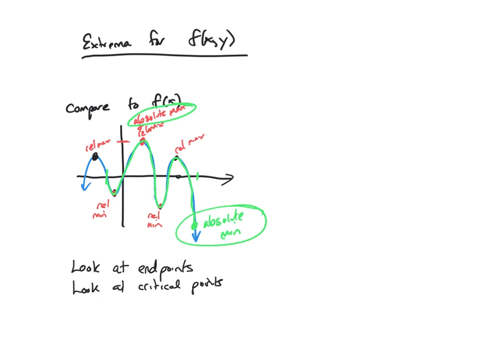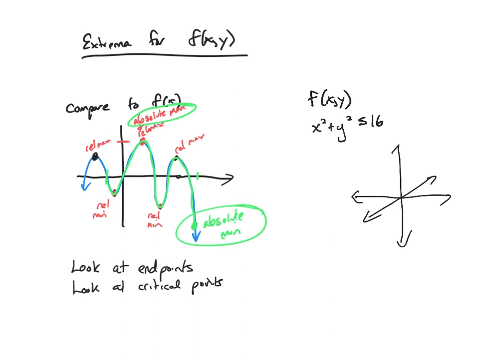And so what we do when we start looking at extrema for f of x y is that, assuming we have some sort of a constraint function, we are going to be taking a look at what that constraint function is telling us. And so, for example, if I have a constraint function like this, and let's suppose that my surface in this case is, I don't know, like a paraboloid.